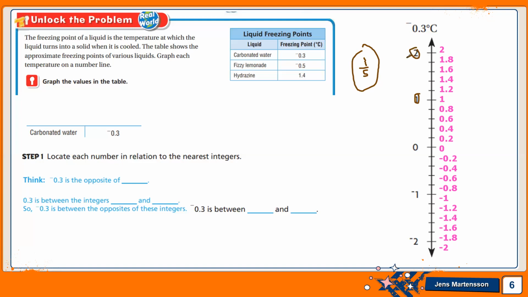What is the number here? 2. And here? 1. 2 minus 1 is 1. How many dashes between 1 and 2? 5. That's why we say 1 over 5. When you divide it, you get 0.2. That's why I skip 0.2 between 2 dashes.